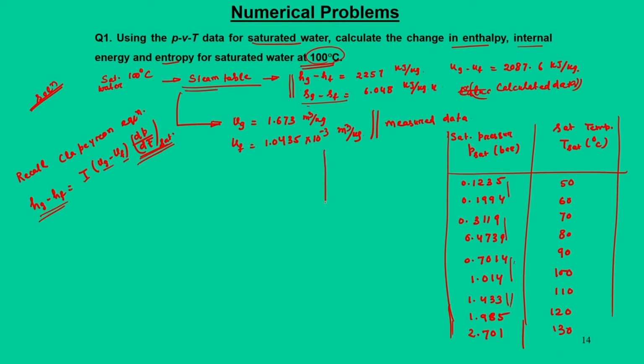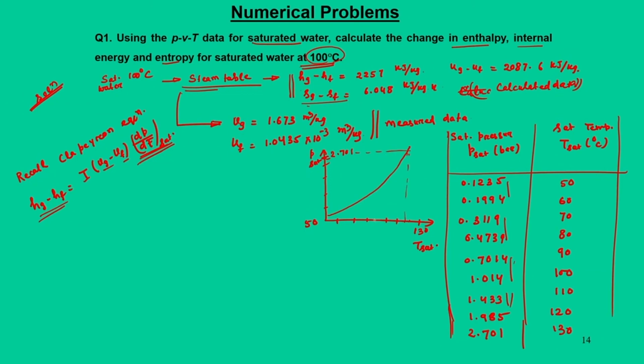So dP by dT can be calculated from any of these states, and one way to do this is to plot it graphically. P saturated versus T saturated, starting with 50 and ending with 130, with intervals 60, 70, 80, 90, 100, and accordingly we have the pressure values. The upper limit of pressure is 2.701.